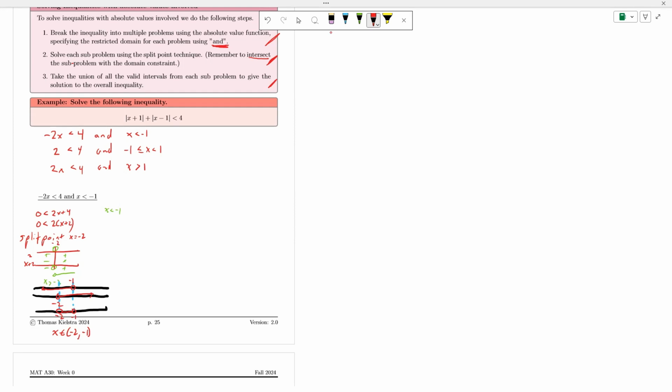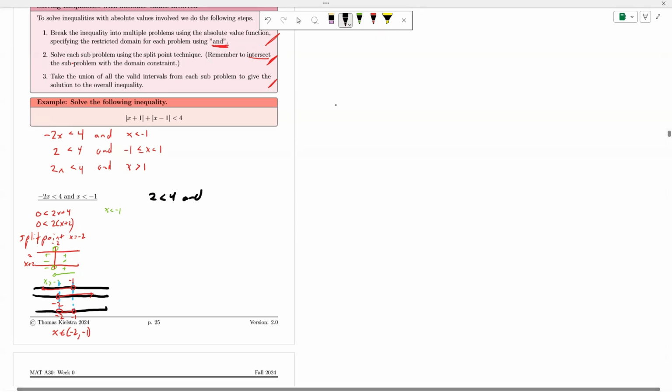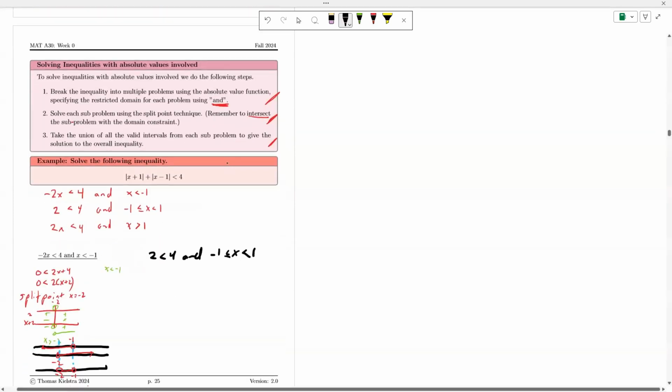Now we have what happens with 2 less than 4 and -1 less than or equal to x less than 1. Well, here 2 is less than 4. This is always true. So this gives us the interval x going from -infinity to infinity. And this bound is already solved.